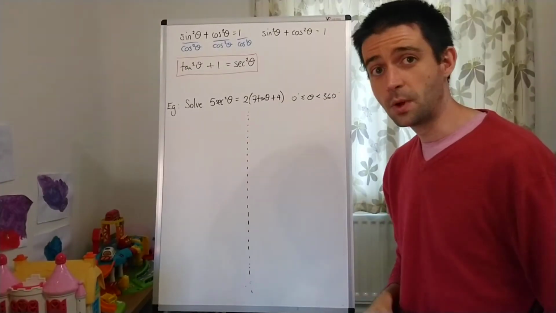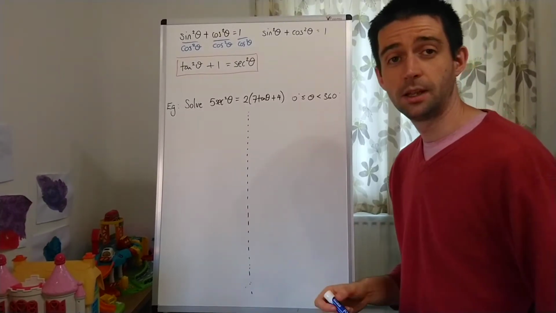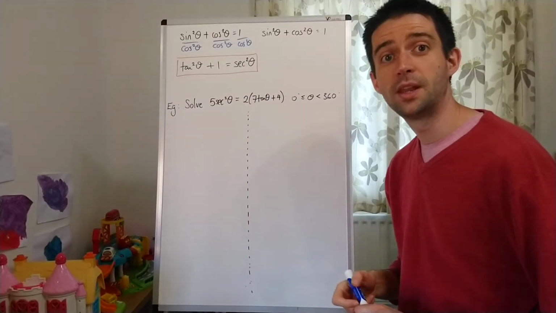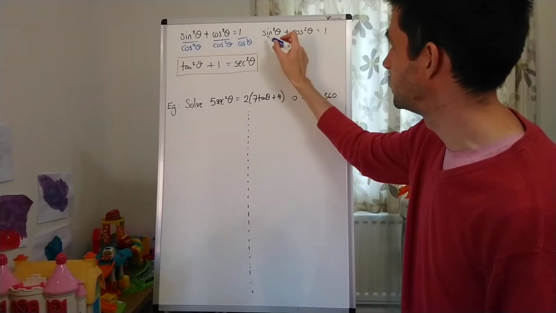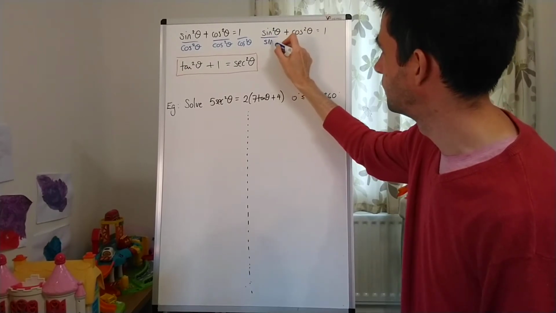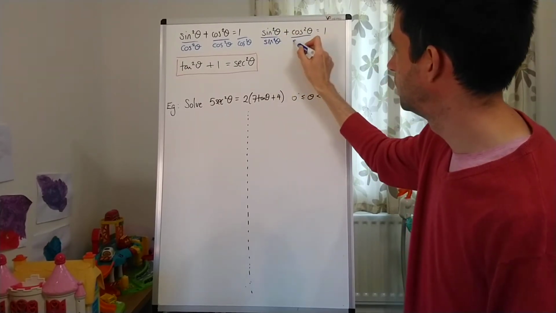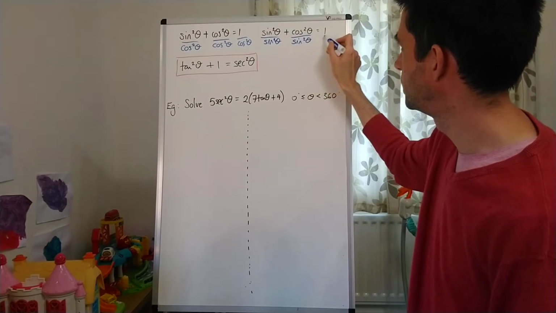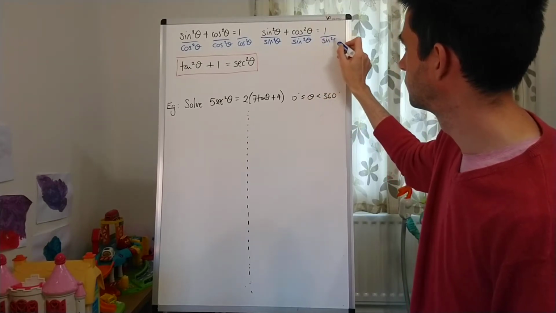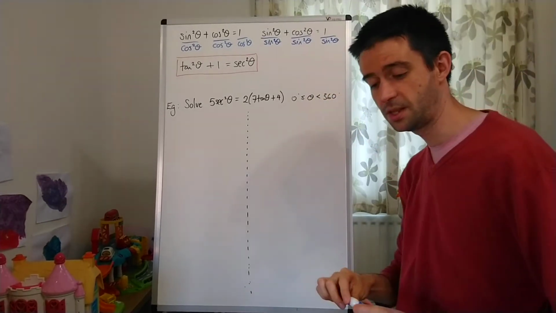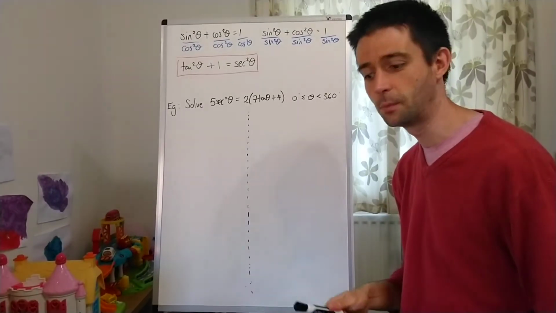To derive the other one, rather than dividing the equation through by cos squared theta, we divide all three terms through by sine squared theta and consider what we end up with.